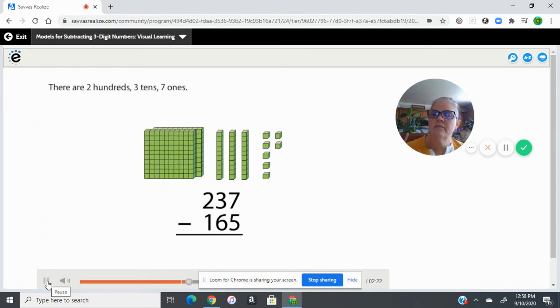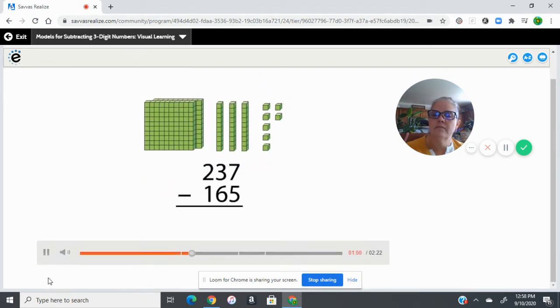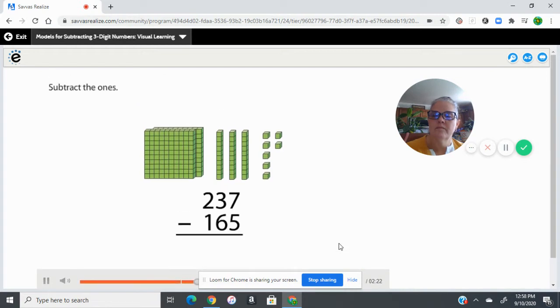There are 2 hundreds, 3 tens, 7 ones. Subtract the ones. 7 ones is greater than 5 ones, so no regrouping is needed. 7 ones minus 5 ones equals 2 ones. Subtract the tens.